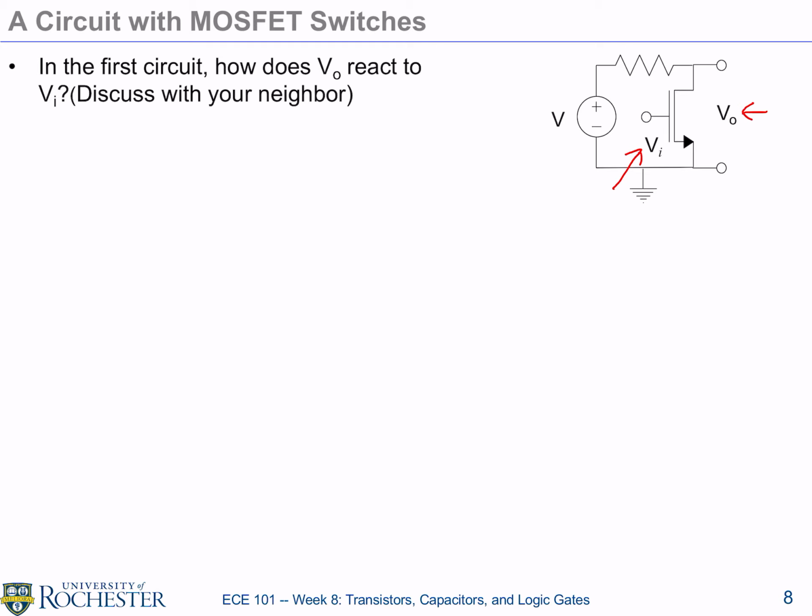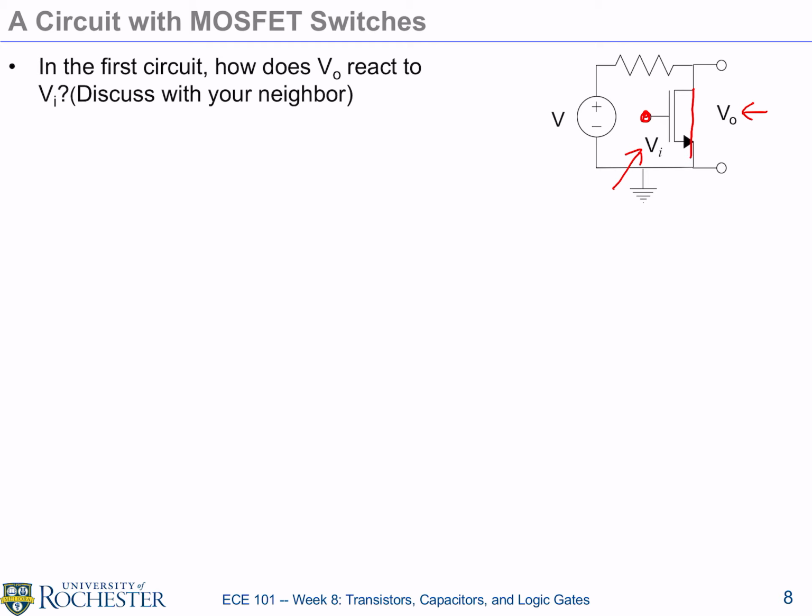At this point, you can just use your KCL, KVL sort of exercise. You don't have to set up the equation to know the exact current, but it's very easy to see. If VI is high, we know this device is an NMOS device. We talked about it: when this control side is high, it's a closed circuit, a closed switch.